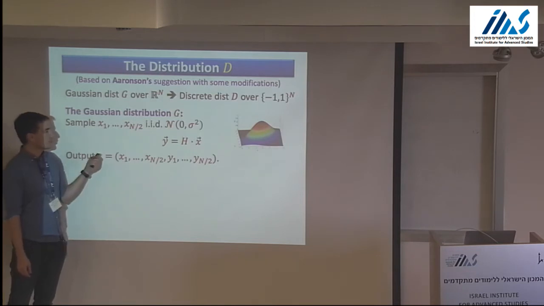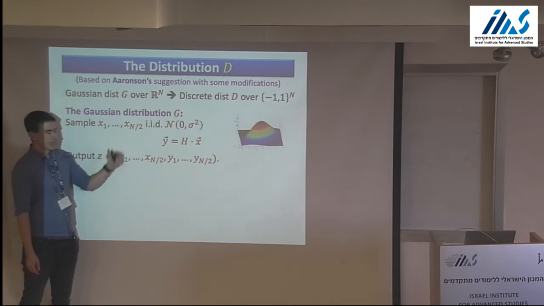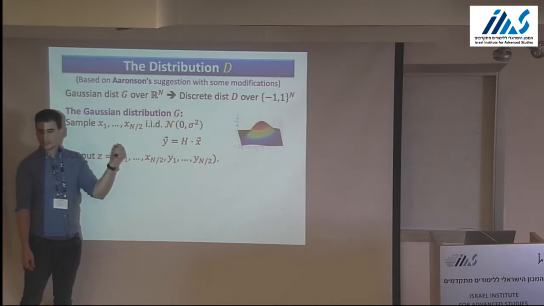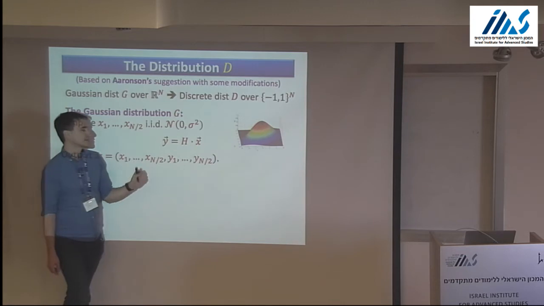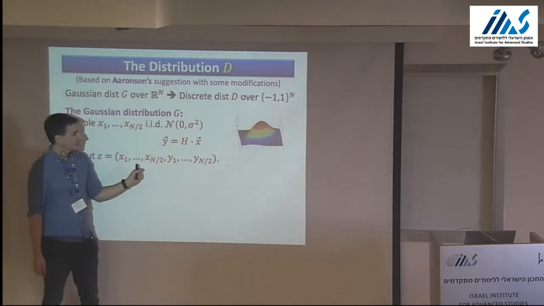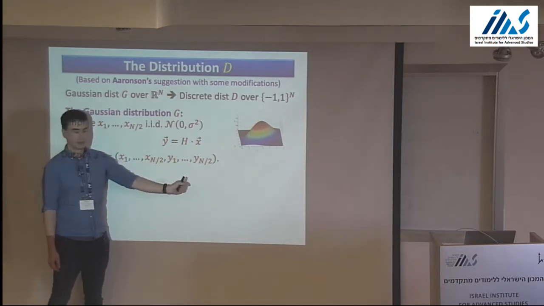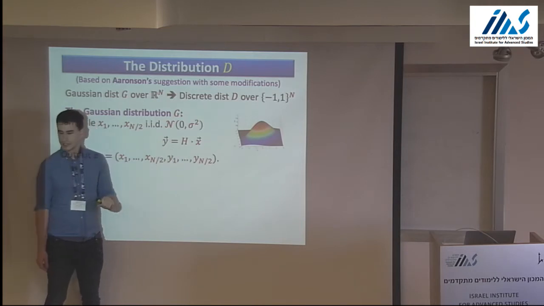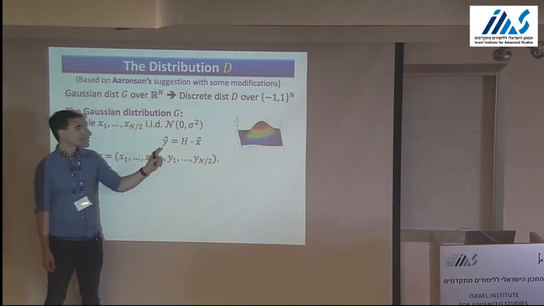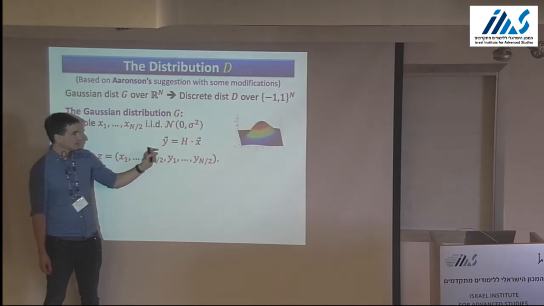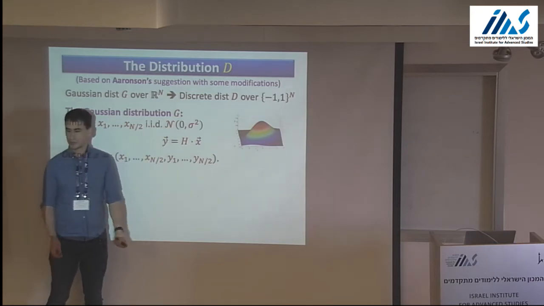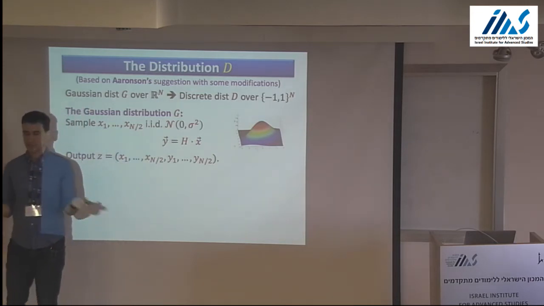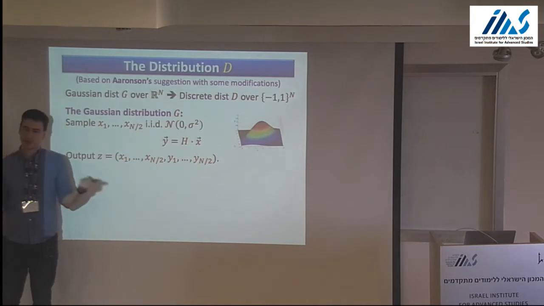The Gaussian distribution we look at as follows. We pick x1 up to x_{N/2} as IID Gaussians with mean 0 and variance sigma squared. Then we take this vector of x's and multiply it with the matrix H, and we get a new vector of y's. These are also Gaussian random variables, and in fact, if you look only at the y part, they're also IID with mean 0 and variance sigma squared, but there are obviously correlations between the x part and the y part. The y is determined by x.